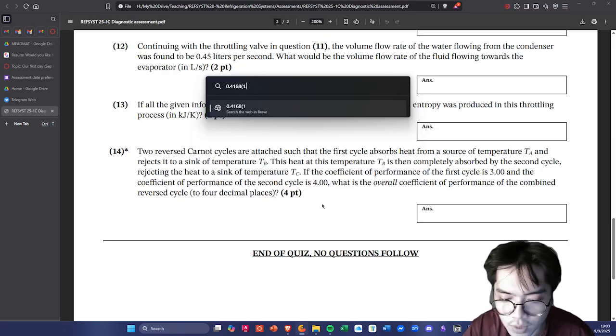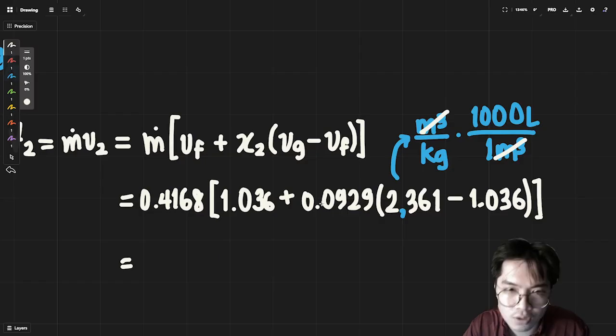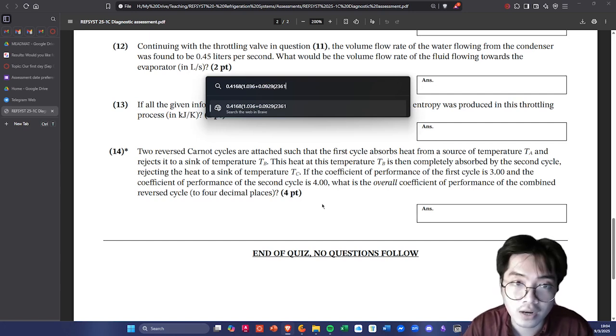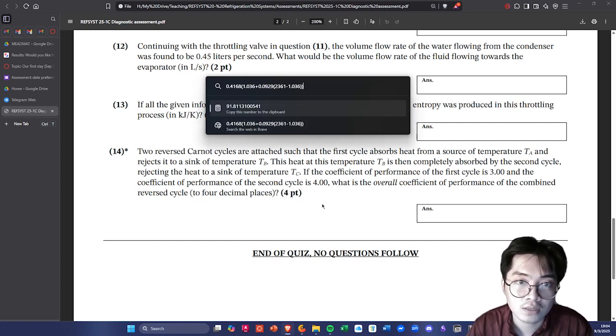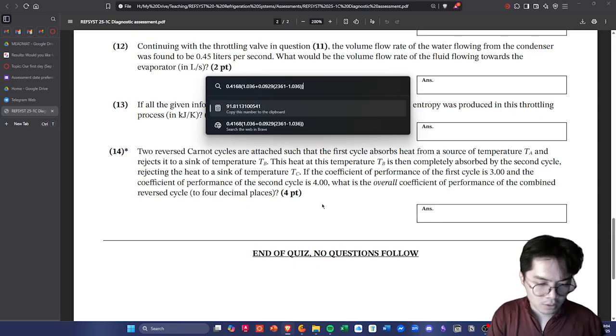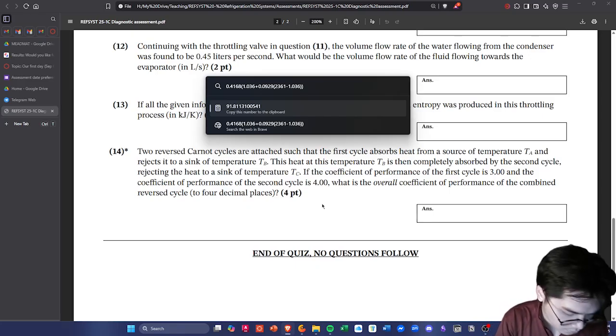And now if we compute this, we should get, let's see, 0.4168 times 1.036 plus 0.0929 times 2361 minus 1.036. We will get 91.81. Wait a second. Let me see if that matches my answer.